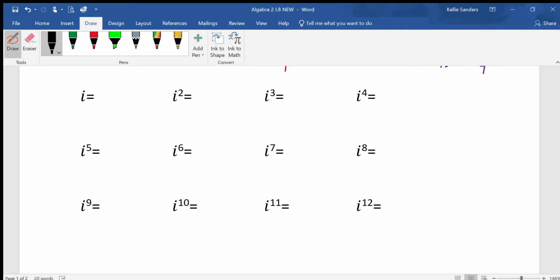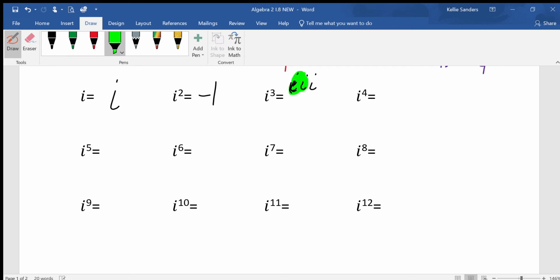So we've been dealing with i's and i squareds. Well, i is just i, so I can't really do anything with it. But does anybody remember what i squared is? That's right, it's negative 1. Now what about i to the third? I to the third means i times i times i. If I have 3 i's, then that means I have an i squared and an i.